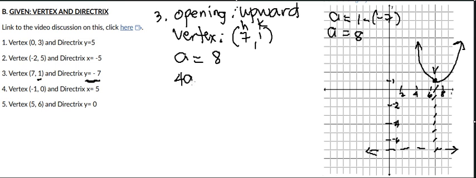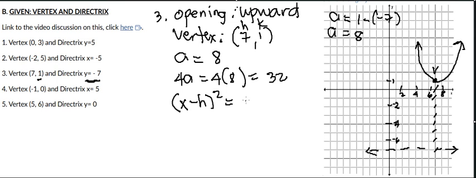Since we have 8 as a, we can do 4 times 8, which is 32. So writing our standard equation, we have opening upward. That means we have x minus h squared equal to 4a times y minus k, since we're moving in a positive direction.